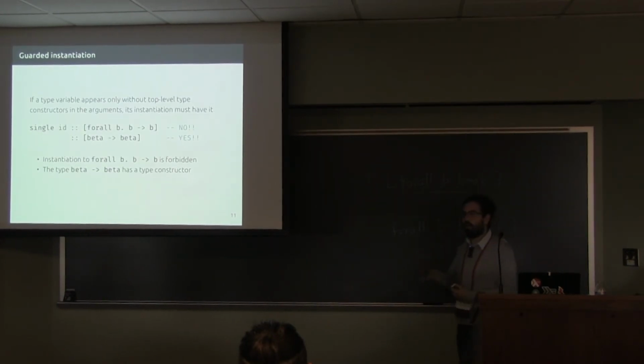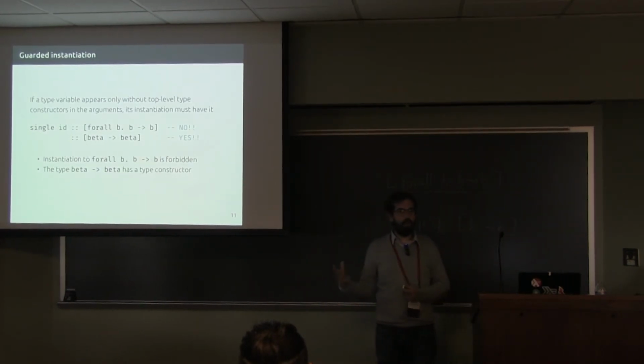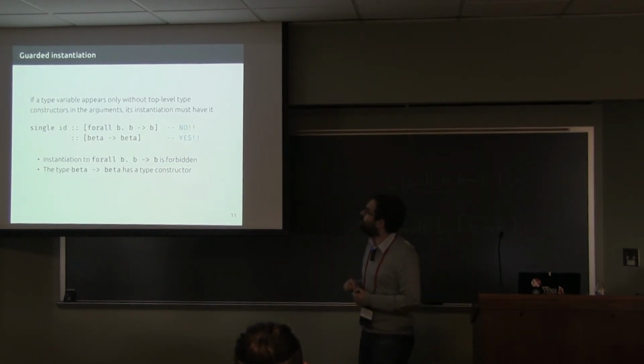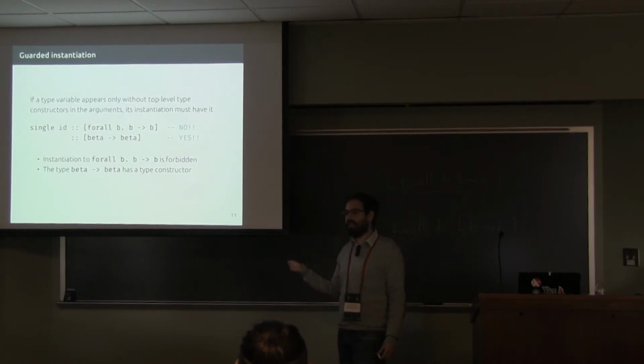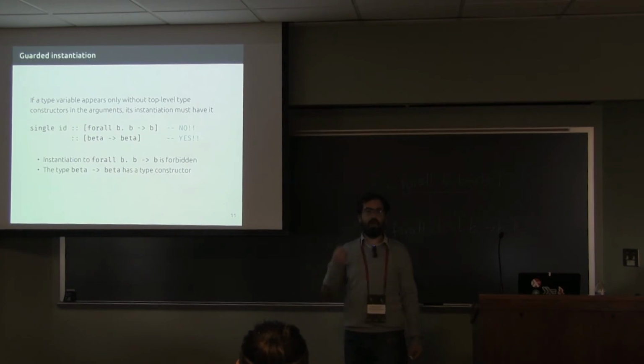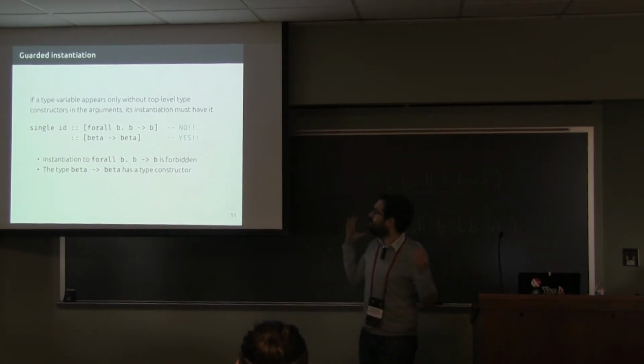But on the contrary, if the type variable only appears without any type constructor, we are going to enforce that you can only be instantiated with something which has a type constructor on top.